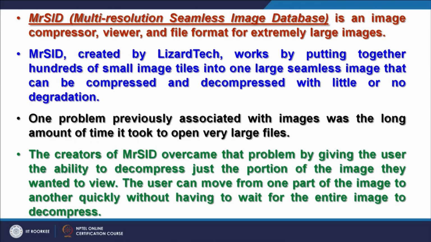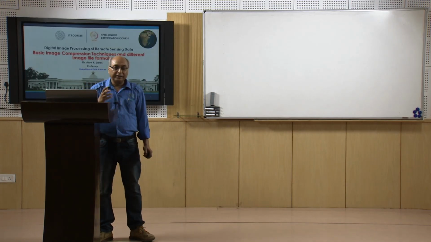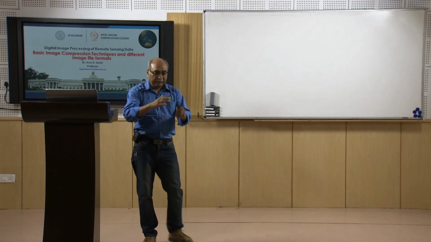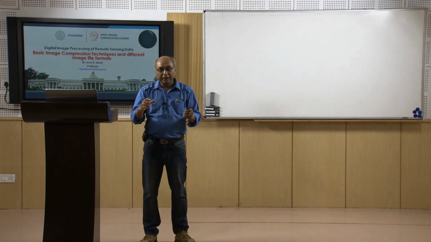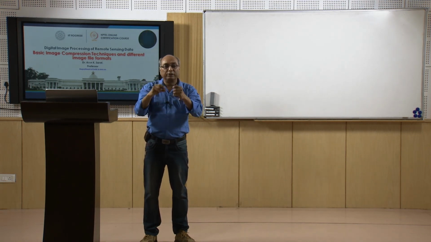So the creators of MrSID overcame that problem by giving the user the ability to decompress just the portion of the image they wanted. That is why it is called multi-resolution seamless image database. So as you keep zooming an image, like in Google Earth we keep doing, first we say we are looking over India, then we keep zooming, and then maybe Uttarakhand, maybe within Uttarakhand, Haridwar district, then Roorkee, IIT.